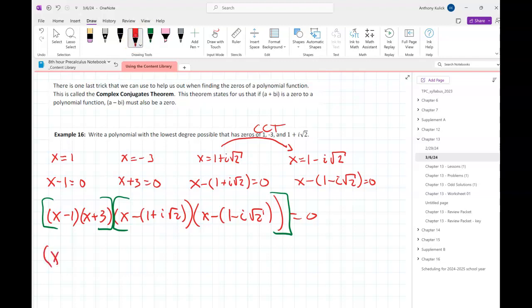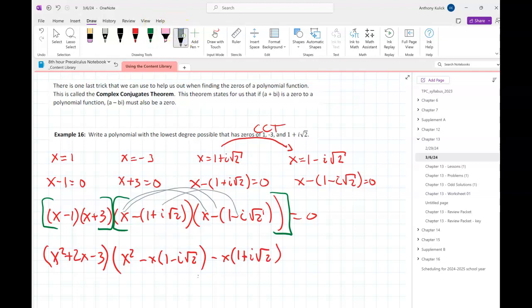When I FOIL x minus 1 times x plus 3, I get x squared plus 2x minus 3. When I FOIL this guy, I'm going to get x times x, that's x squared. I'm going to get x times negative 1 minus i root 2. And when I FOIL this, I'm going to get minus x times 1 plus i root 2.